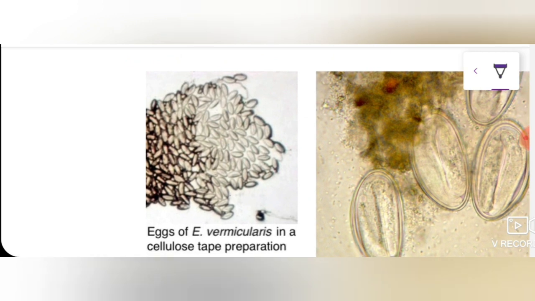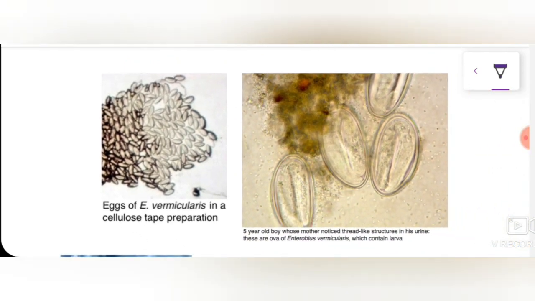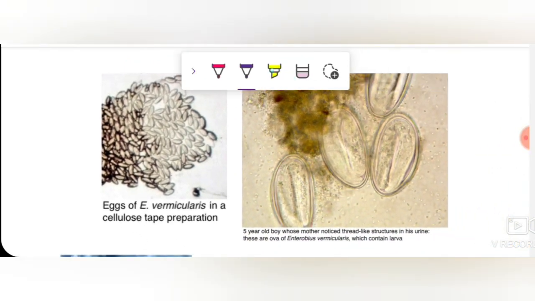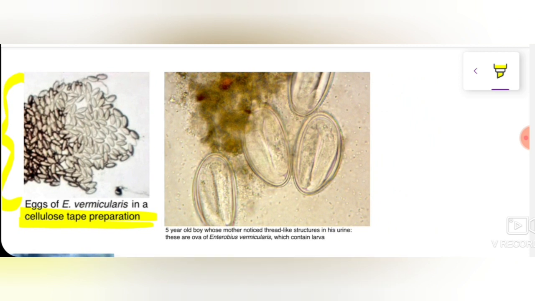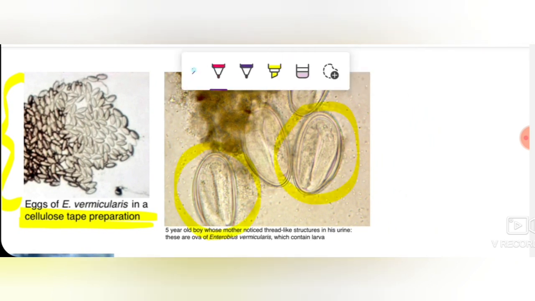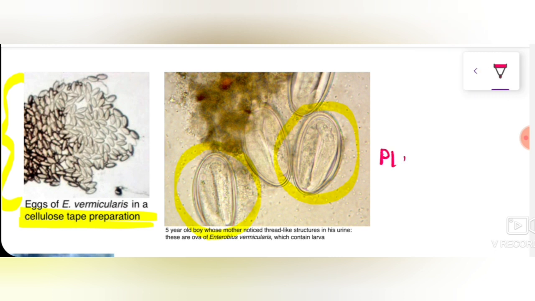Do you remember from microbiology the classical eggs and the technique we employ for these? Do you remember the cellulose tape method, or tape preparation, that we use to get the Enterobius eggs? If I zoom into one of those eggs, I hope you remember that these eggs are classically defined as the plano convex eggs.